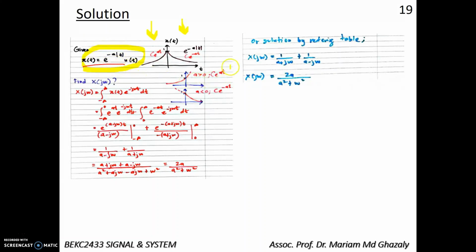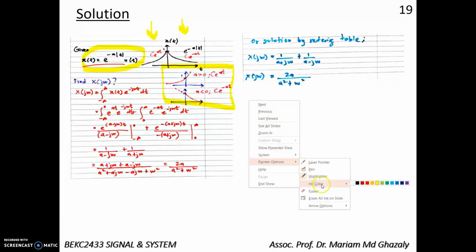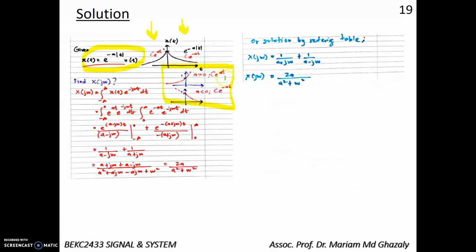So let's say we refer to this general exponential signal, which you have learned in chapter 1. Let's say that you have the signal given by C e to the a t, where C is the amplitude. For this case, C is equal to 1, so that's why you have the value 1 here.